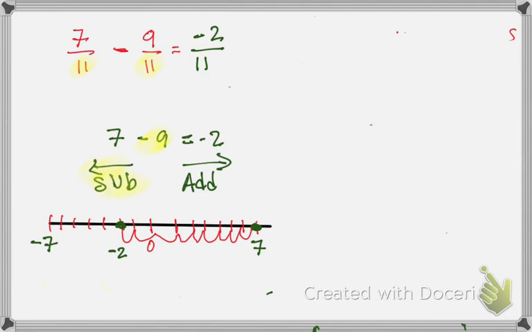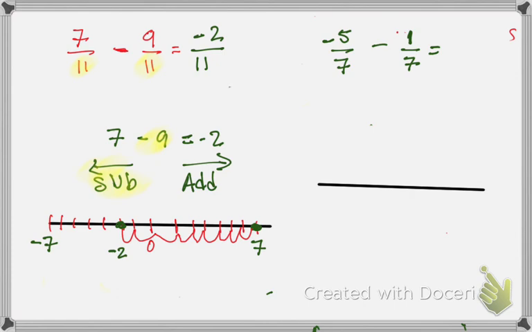Let's try one more. Let's go ahead and try -5 over 7 minus 1 over 7.